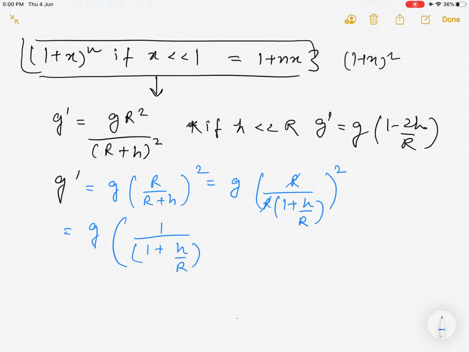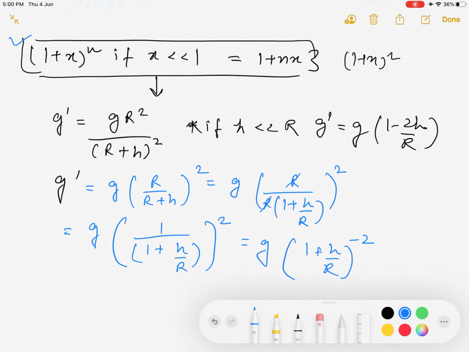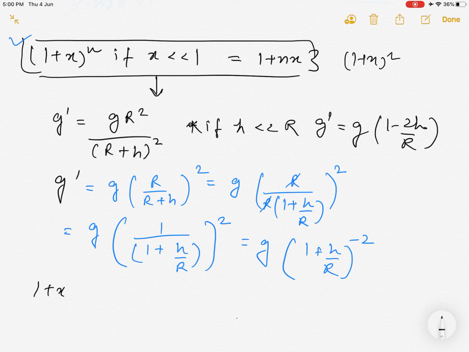So r and r will get cancelled out. If I write down further, g times 1 by 1 plus h by r, and then you have whole squared. Now if I take this 1 plus h by r upwards, I'll get g in bracket 1 plus h by r to the power minus 2.